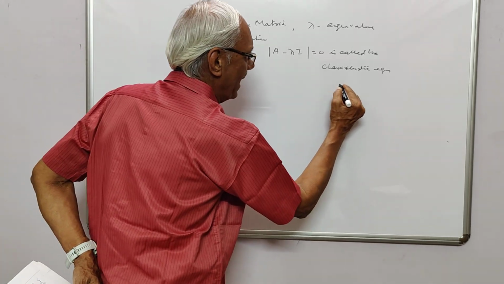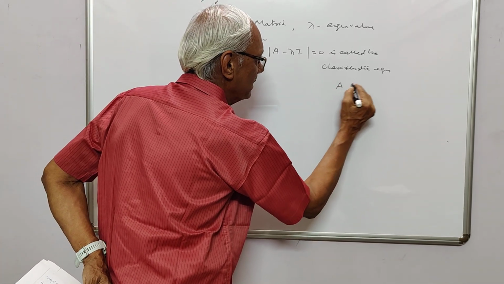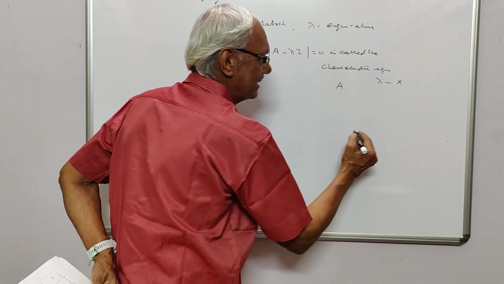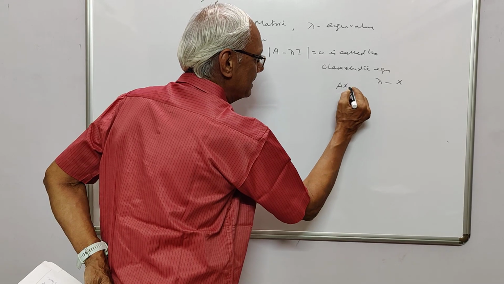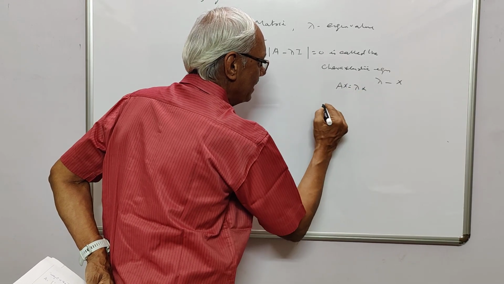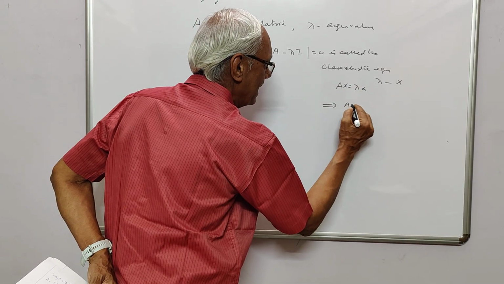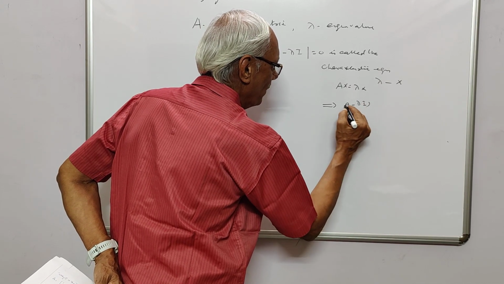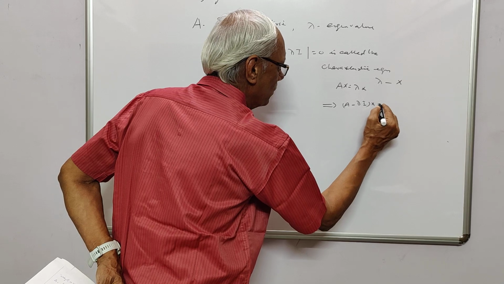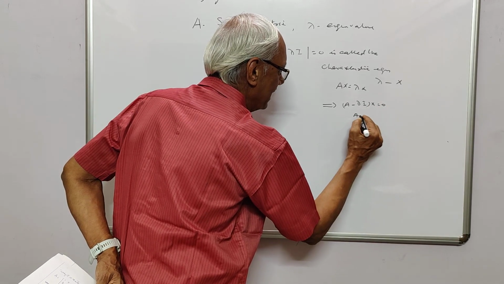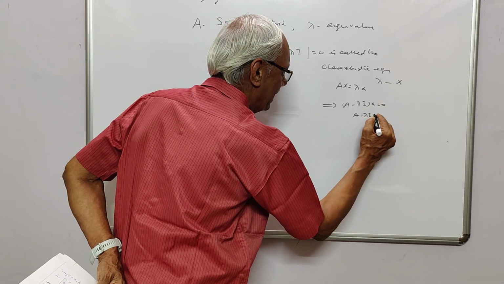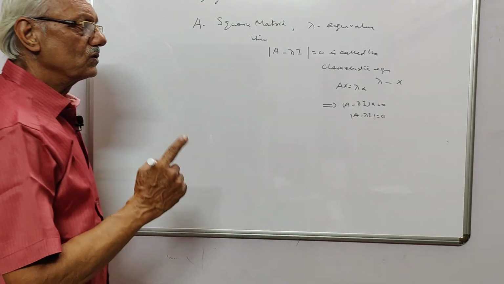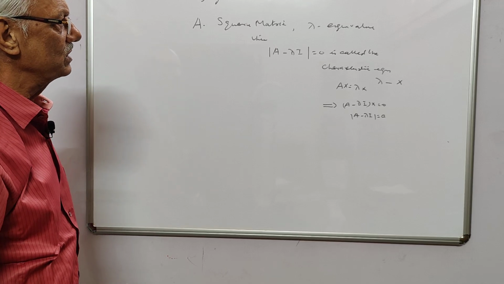This comes from the fact that for this lambda you can find a vector x such that Ax is equal to lambda x, which implies that (A minus lambda I) x is equal to 0, and this determinant of A minus lambda I is called the characteristic equation.